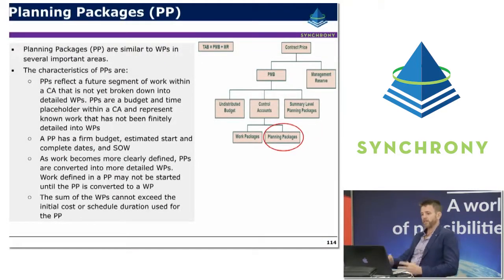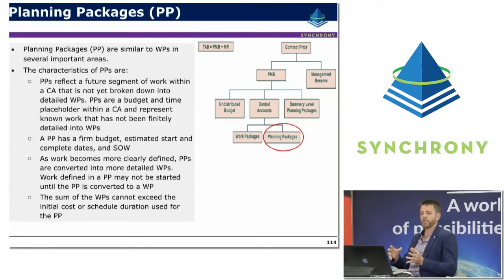So planning packages are very similar to work packages. They're basically reflecting a future segment of work where there's a fair amount of uncertainty. At this point, where we have a planning package, we think it's quite likely to change. We only know a little bit about it, so we're not quite ready to lock it in for performance measurement yet.